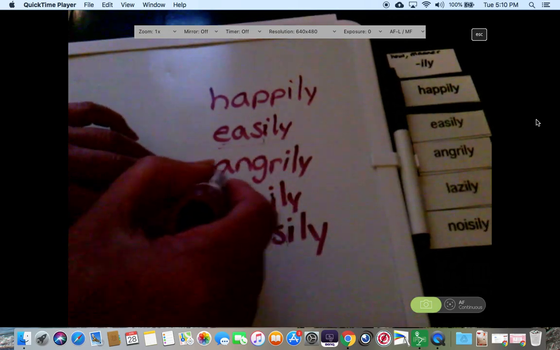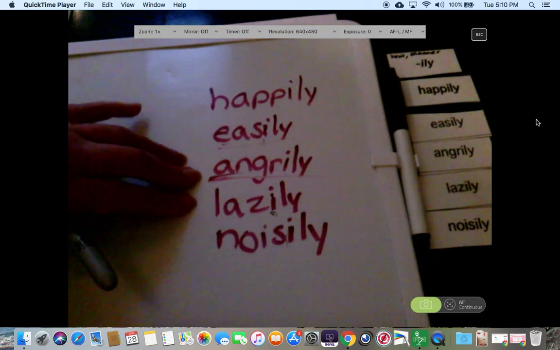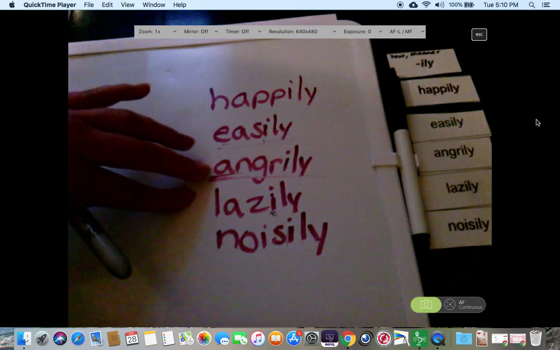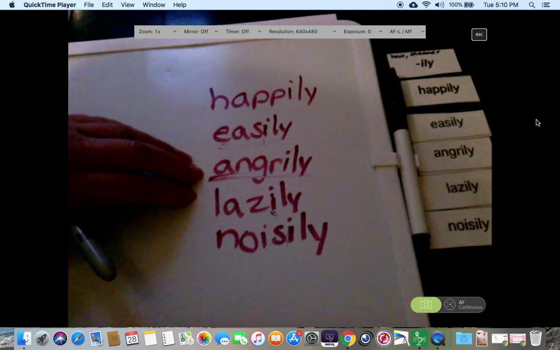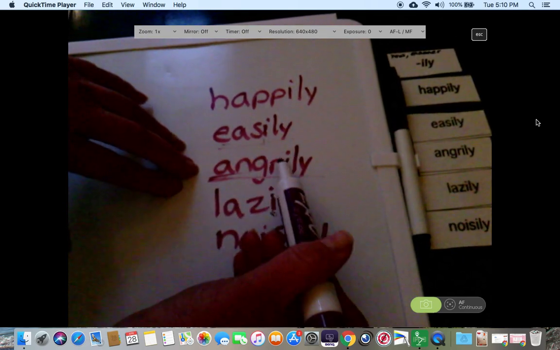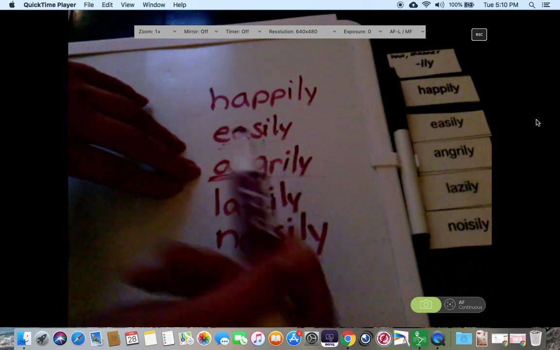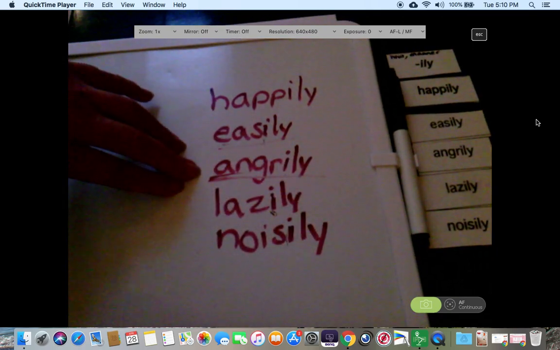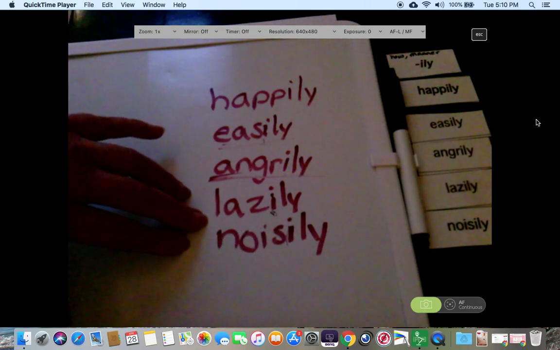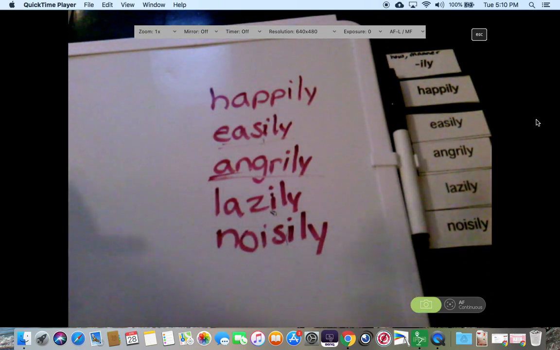All right? Maybe you didn't clean up your toys. You were supposed to, and one of your parents angrily said, put your toys away right now. Okay? So angrily, meaning the emotion that they were feeling was angry, but the way that they said it was in an angry tone. Lazily, okay? So again, that feeling of lazy, not really wanting to do it.